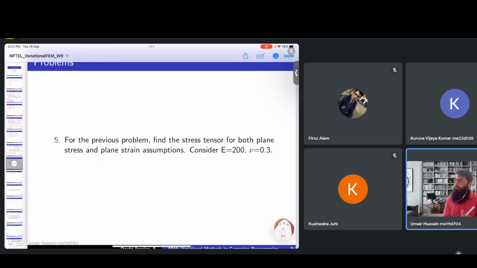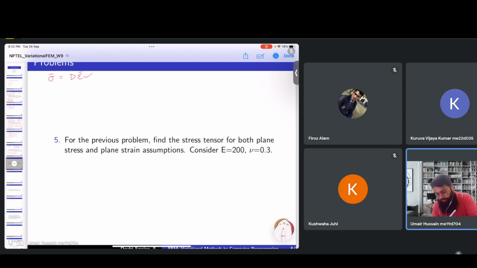Okay, then let's move on to the next problem, if there are no doubts. So for the previous problem, find the stress tensor for both plane stress and plane strain assumptions. Consider E equals 200 and nu equals 0.3. So in order to find stress, stress is given by this.